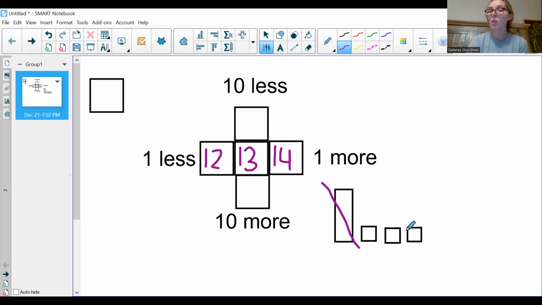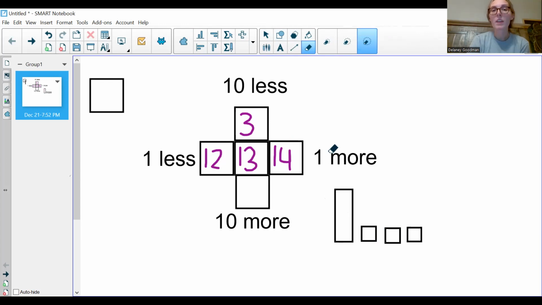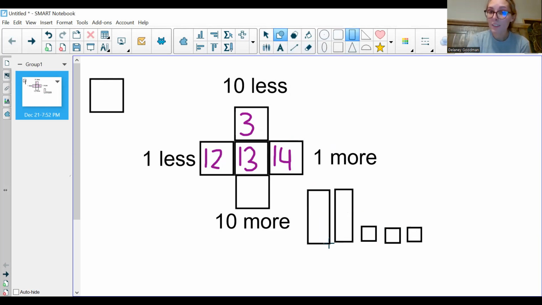I have 1, 2, 3. Okay. Now I need to find 10 more. 10 more. Okay. So what can I do? I can add another 10, right? Now I need to count it. 10, 20, 21, 22, 23. So my answer is 23.